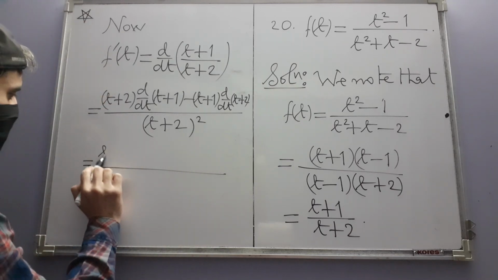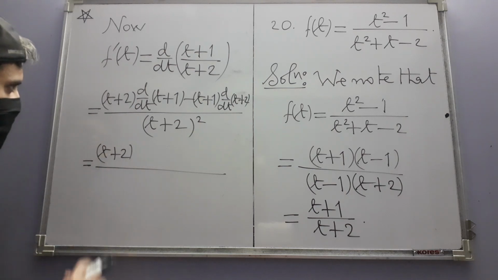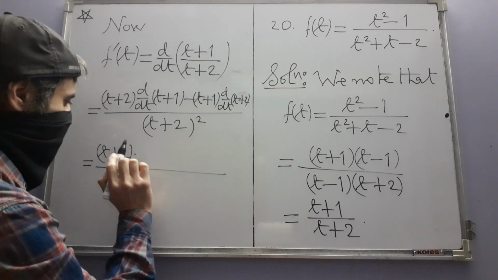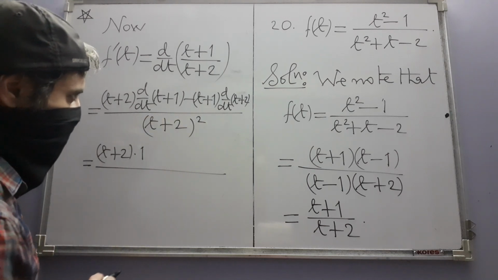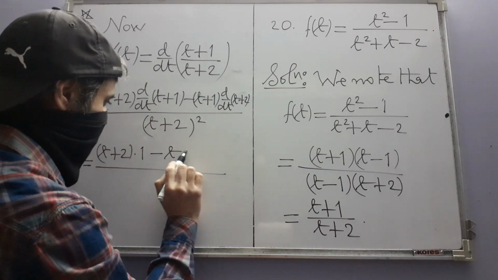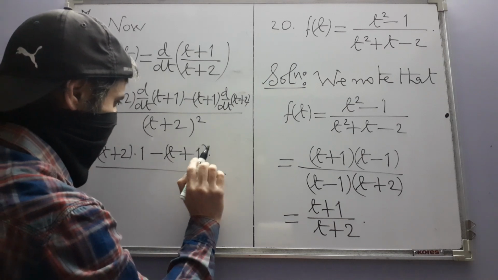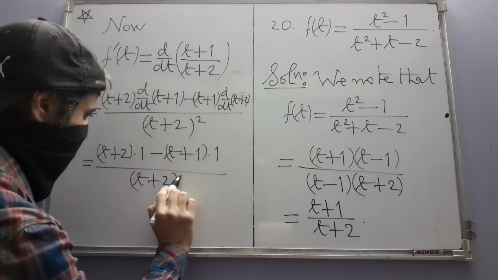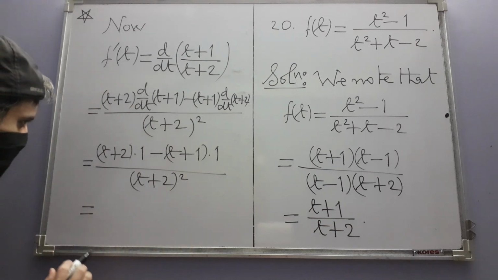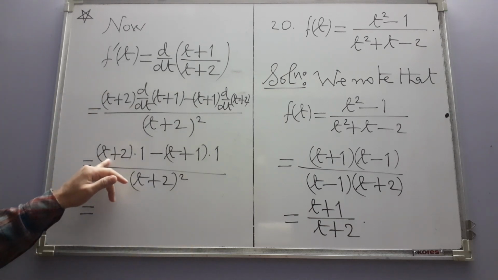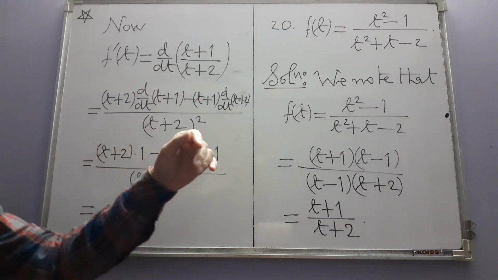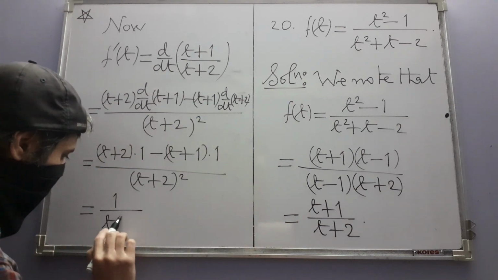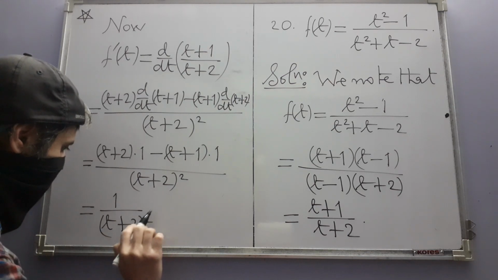Now if you do the differentiation, differentiating t you will get 1, and differentiating 1 of course you get 0. Similarly, that one is also just 1. So you can see that here you are actually having t plus 2 minus t plus 1. So that is 1 divided by t plus 2 whole square.